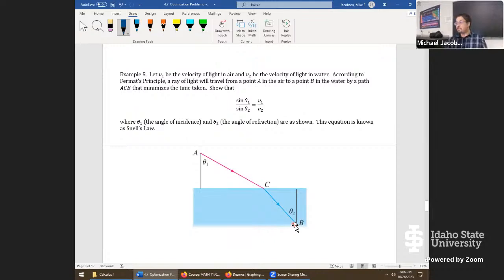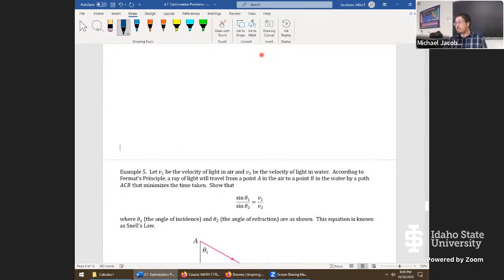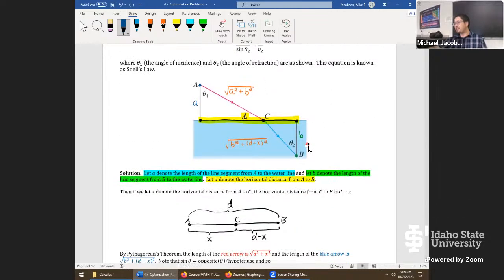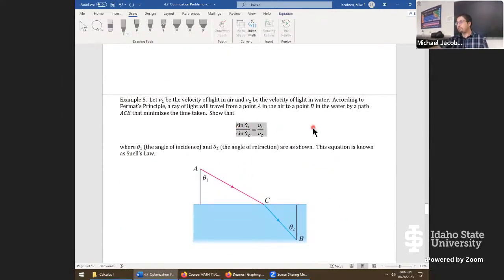So you could prove that through Snell's law, and Snell's law culminates in this way. So if you're curious about that problem, keep on scrolling down on these notes and the solution is provided down below. It's kind of like what we did with the box. You have to break things down, build a function. This one's kind of nasty, but it's good to see how these go because this is the kind of stuff that gives you all these crazy results in the sciences.